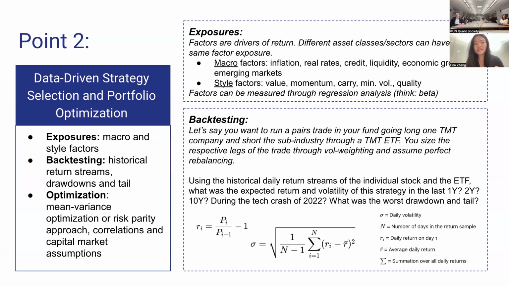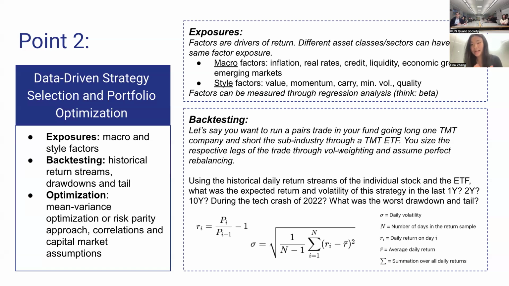Let's say you have one tech company and you think it's going to outperform relative to the other tech companies, right? But you don't want to be exposed to the overall tech sub-industry going up and down. You just want to take a bet. Your alpha, your idea, is that that specific company is going to outperform its peers.